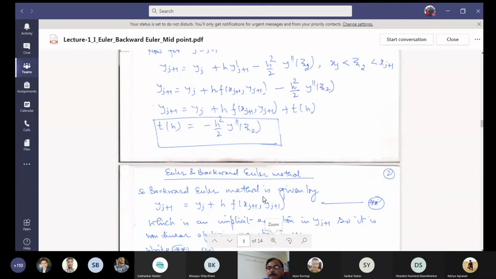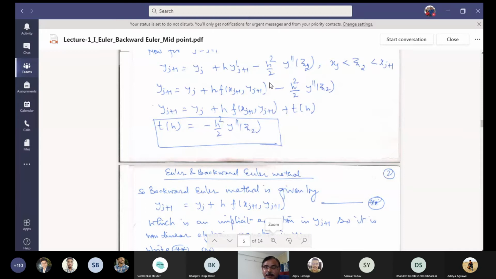So such type of equations are called implicit equations, while the Euler method is called explicit. Is that clear, everybody? I will explain only the definitions. Is this clear to everybody? Yes, sir.